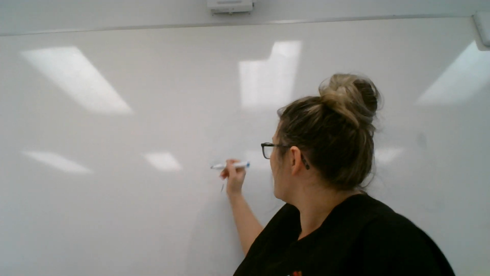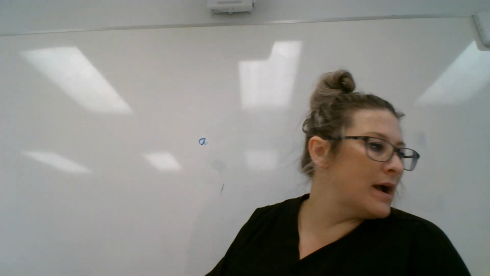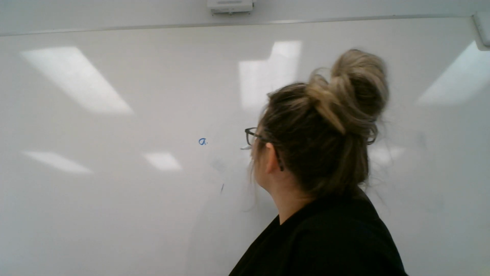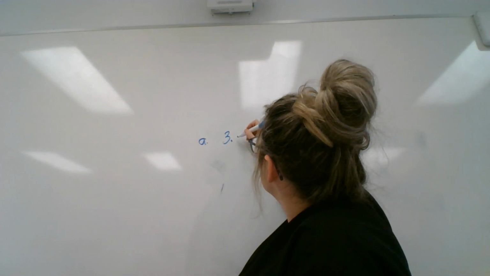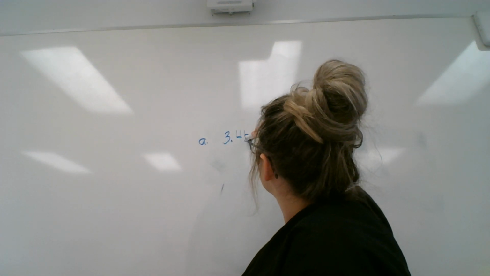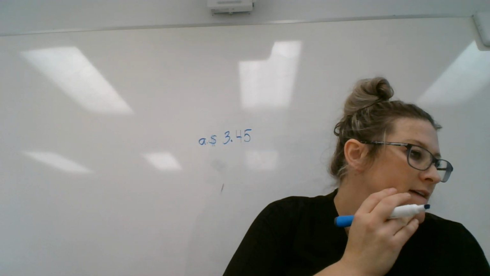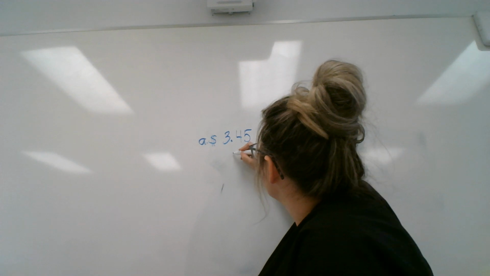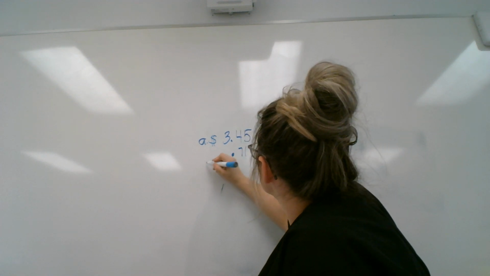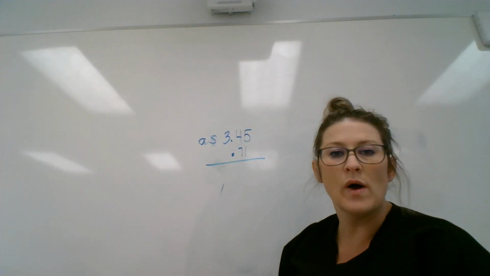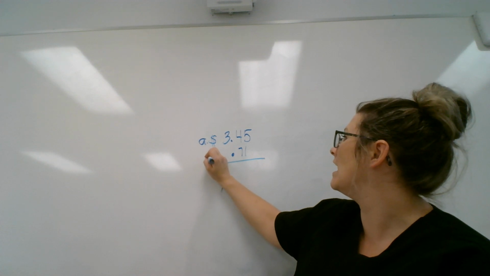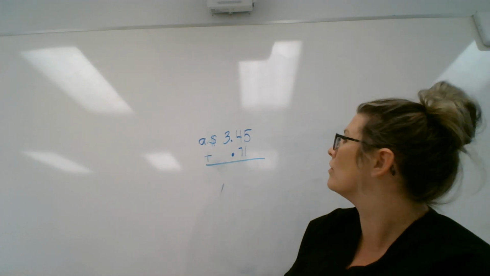So, problem A. A person buys 1, which is $3.45, and 3 bought something for 71 cents. Okay, so I'm going to make an addition problem to find out how much money was spent in all.